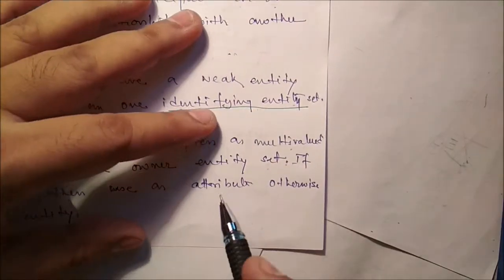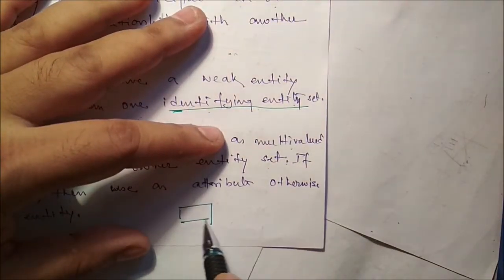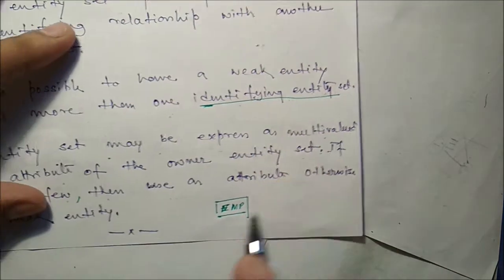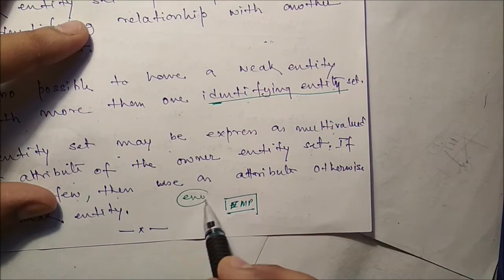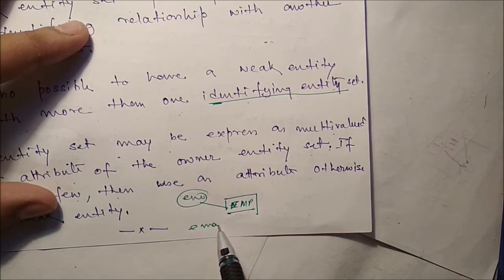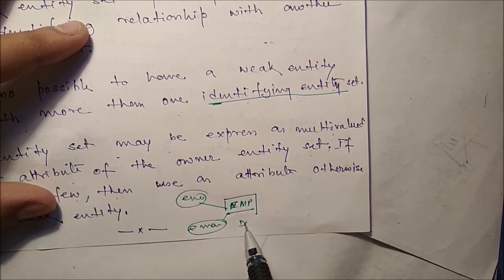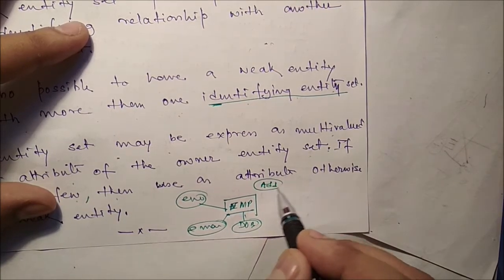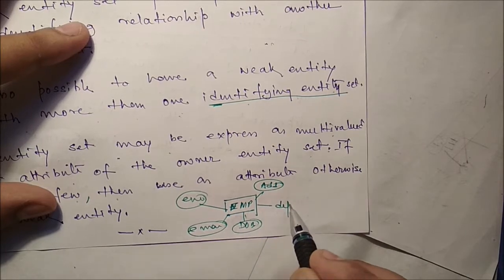Say table name is employee, and employee number, employee name, date of birth of the employee, address of the employee, and dependent.